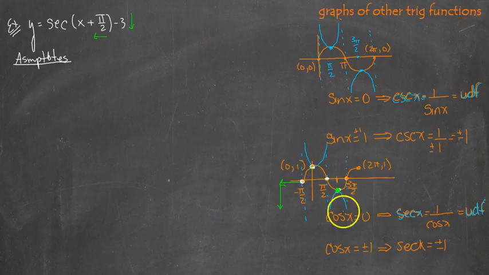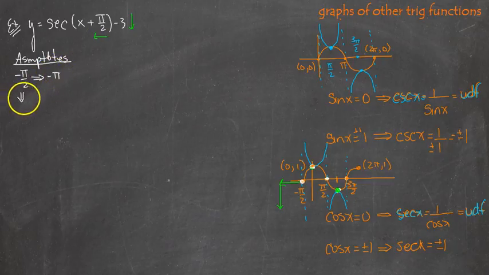So I get two complete curves of the secant function. So the asymptotes are at negative pi over 2, which doesn't really matter at this point because I'm not going to continue on, but let's go ahead and track them. Negative pi over 2 is going to map to negative pi over 2 minus pi over 2 equals negative 2 pi over 2, which is negative pi.